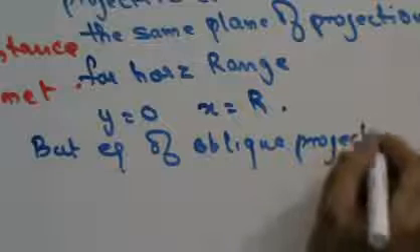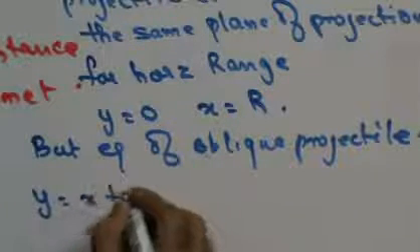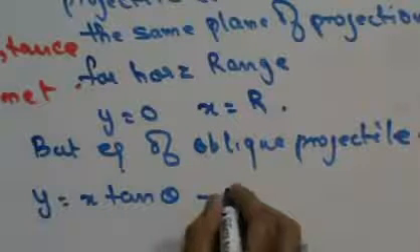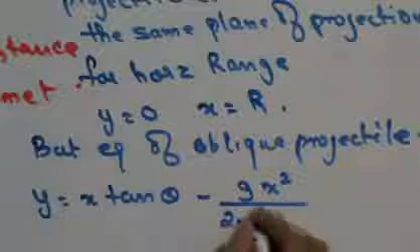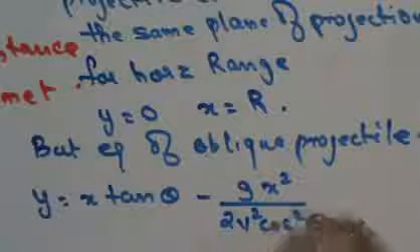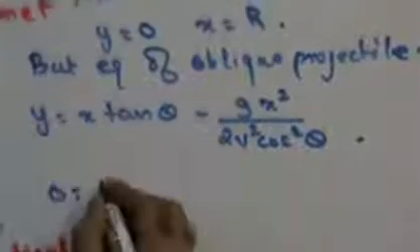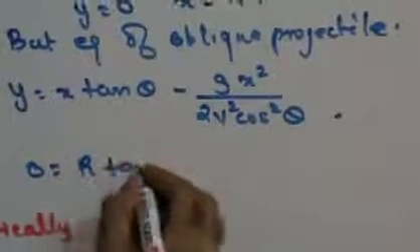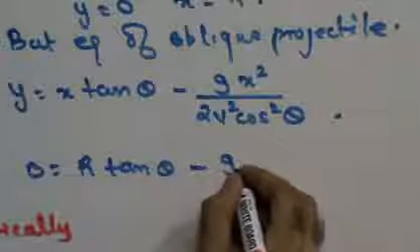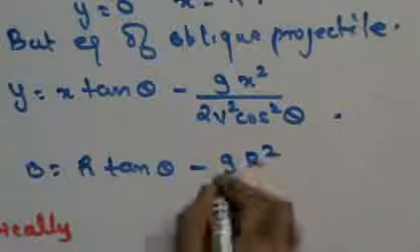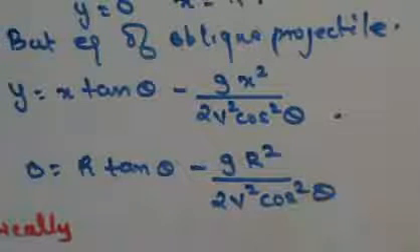We had found out the equation of oblique projectile, which was y is equal to x tan theta minus g x square upon 2v square cos square theta. Substitute the value of y as 0 and x as r. So this will become r tan theta minus g r square upon 2v square cos square theta.